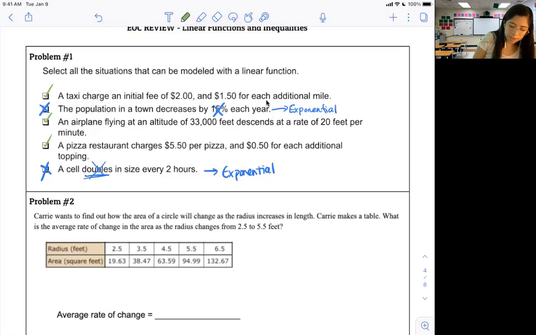And we always look for keywords like each, per, each. Those are all keywords. Initial, that's a keyword. Okay. Those are kind of all the keywords I see. So for number 1, my equation would be y equals 1.50x plus 2. Because $2 is the starting amount and 1.50 is the rate of change. So it would be my equation for C.